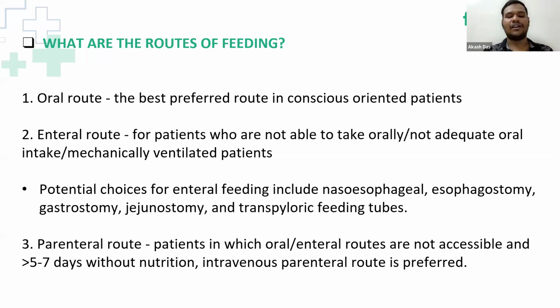And the third is the parenteral route, for patients in whom oral as well as enteral routes are not accessible, like patients with GI abnormalities or patients who have had a small bowel resection, in whom you cannot immediately start enteral feeding. In those cases, if it is more than 5 to 7 days without any nutrition, both ASPEN and ESPEN say that you can go for the parenteral route.